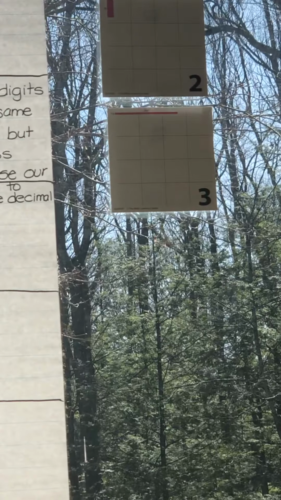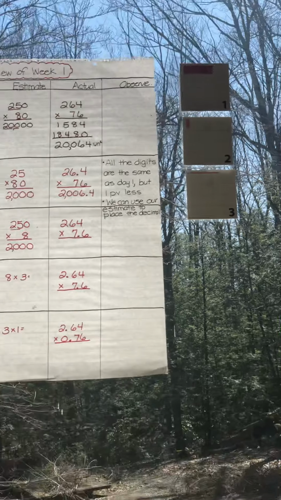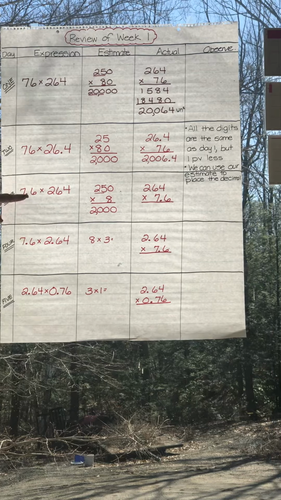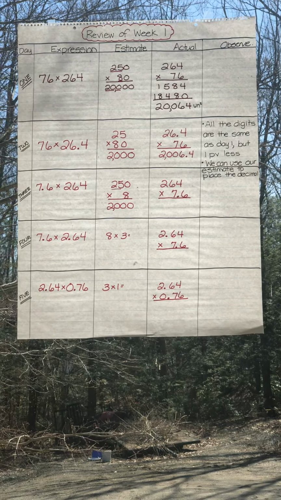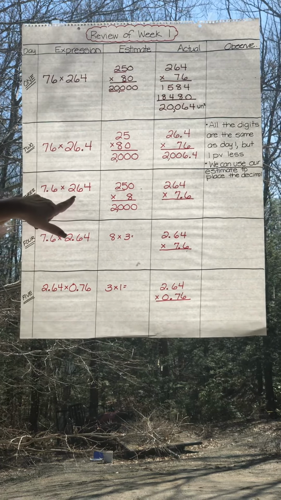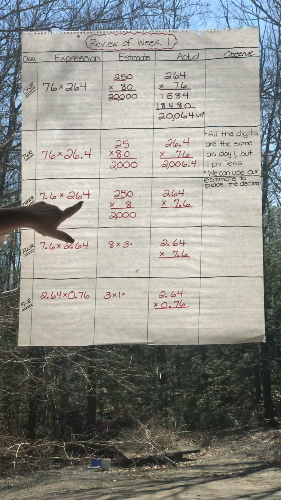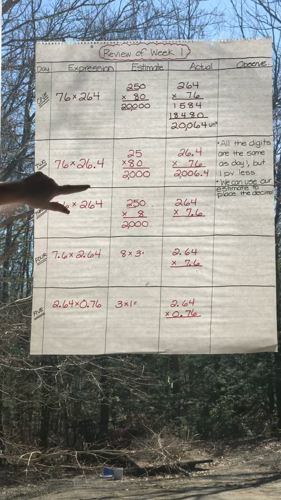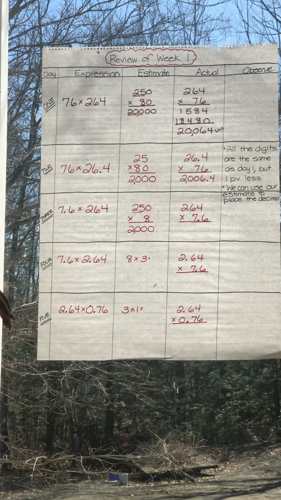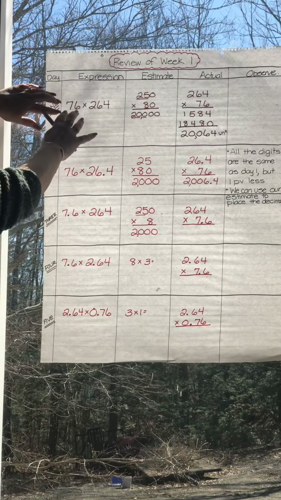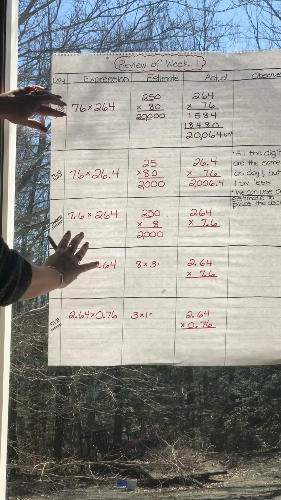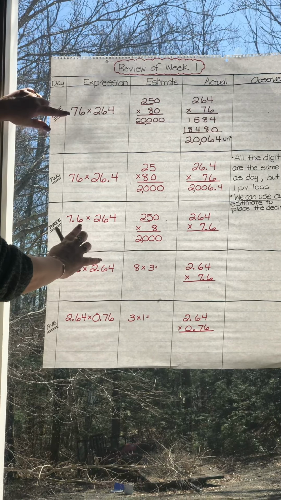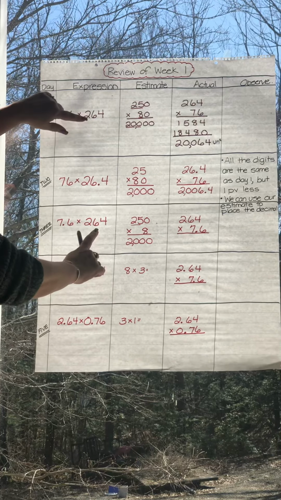Our vertical dimension is 7 and 6/10, 1 place value less than the first expression, and we're going to multiply that times 264, which is the same as the original. So if we're comparing the original expression to this expression, we can see that 7 and 6/10 is 1 place value less, and this is the same.